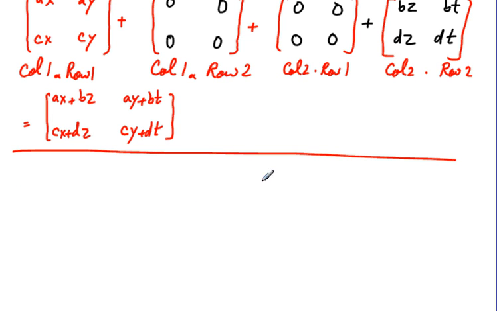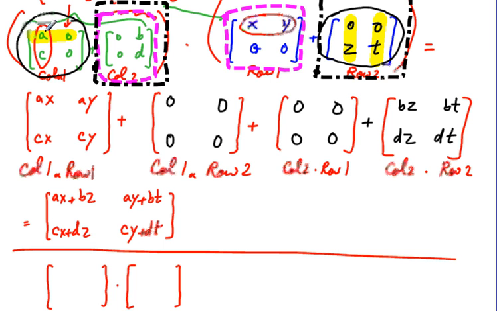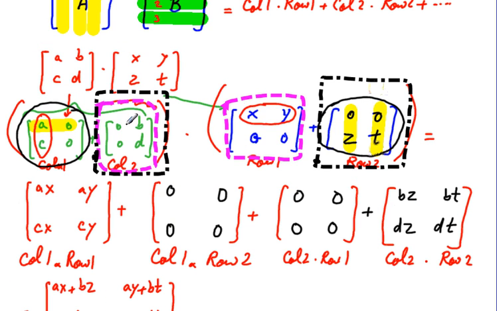The lesson of this view was that if I have a matrix times another one, let's go back here and see what happened. Essentially, this column 1 multiplied with this row 1, that was the contribution here. Then we had this column 2 multiplied with this row 2 according to that table style multiplication, and that was a contribution here.